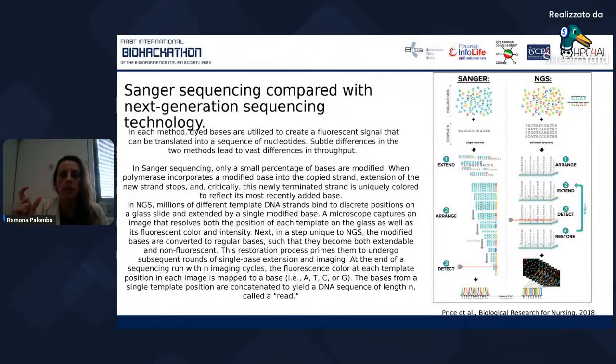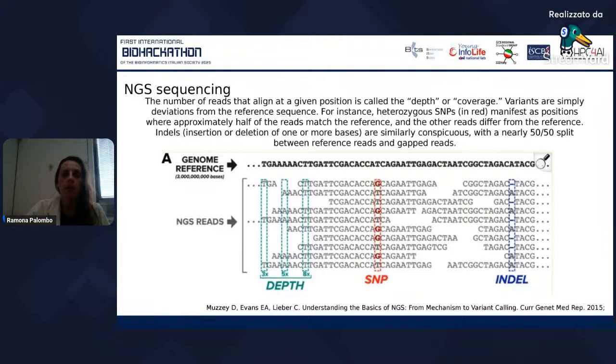These fragments that are then extended by PCR are called reads. The reads also give us another feature of the sequencing procedure, called coverage or depth.